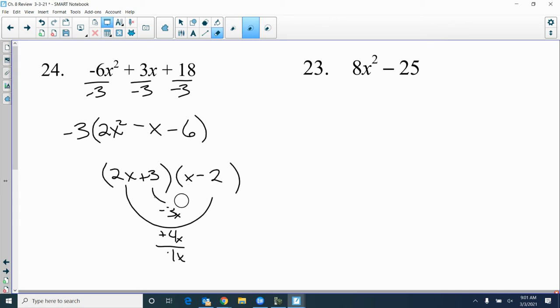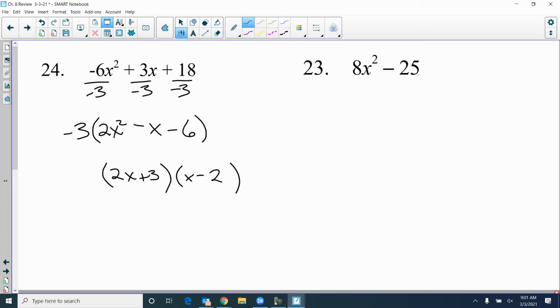I'll get rid of this. Let's test it one more time just to be sure. So I get 3x and then minus 4x. That's going to give me negative x. Okay. And then, Zach, what's the last thing I need to do?